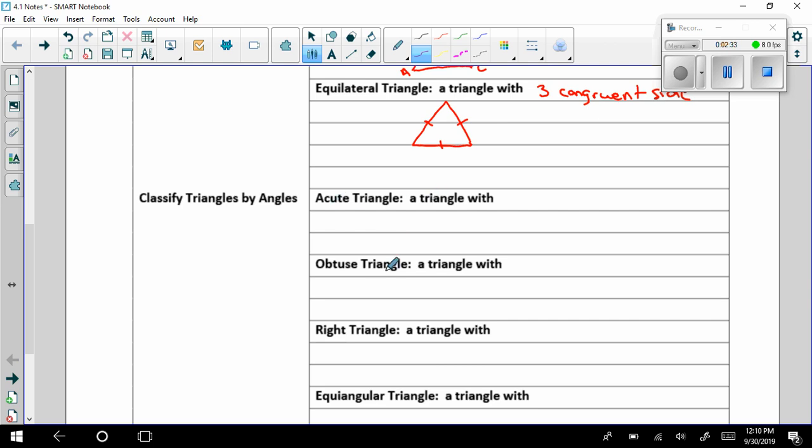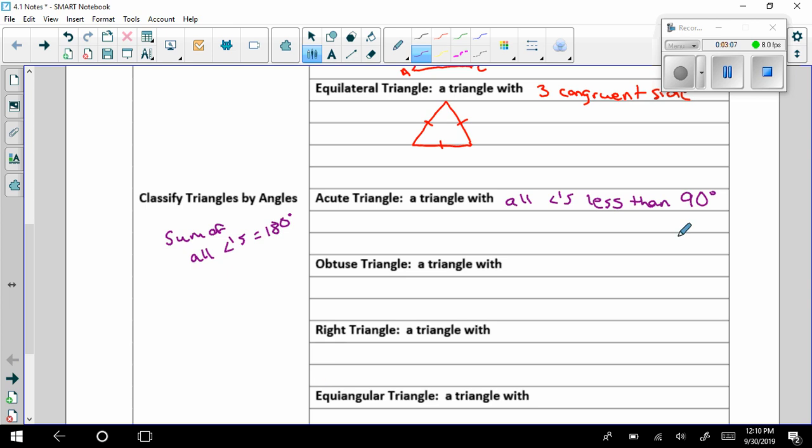So an acute triangle is a triangle with all angles less than 90 degrees. Now keep in mind, every triangle must add to 180, regardless of that angle classification.